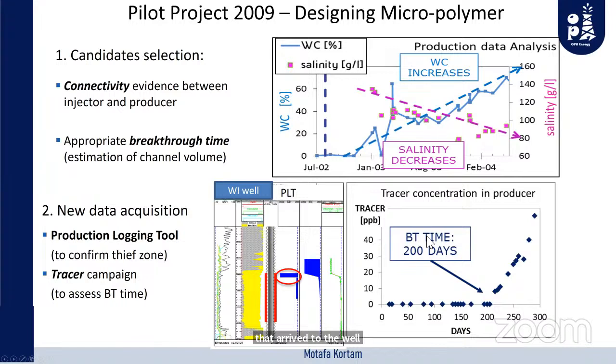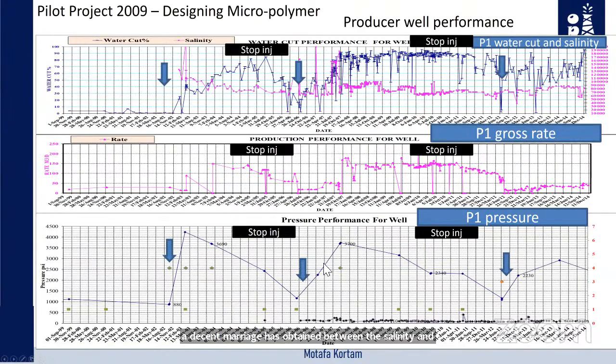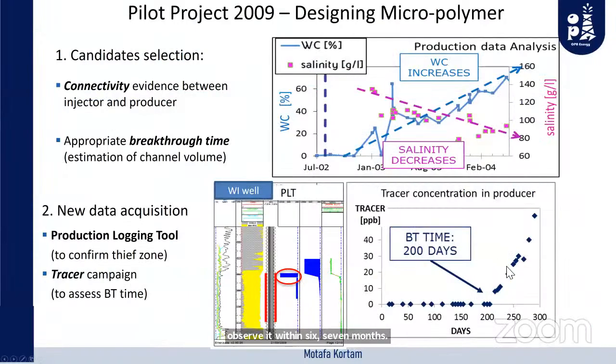When we applied the tracer in this particular well, it revealed the same values, and a decent match was obtained between the salinity and water cut, and even the pressure that usually increased and was observed within 6-7 months. So we have the water breakthrough within 200 days.